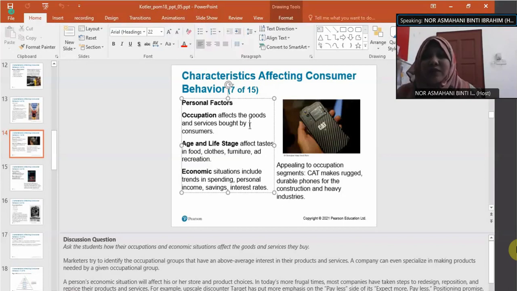Economic situation includes trend in spending, personal pickup. Yeah, definitely. That's why Tata Nano in India became a huge success, because they understand the markets. Indian consumers, they are price conscious, right? And the population of Indian markets, oh my god, right? Besar, big population, right?